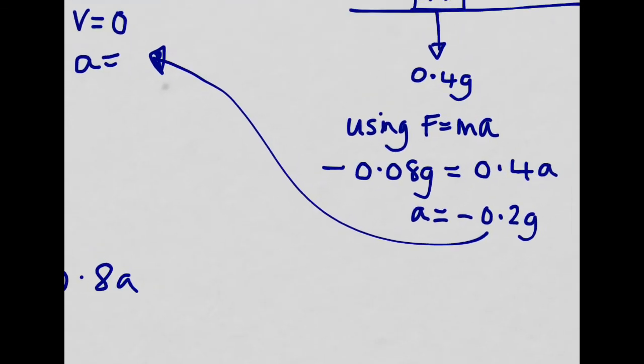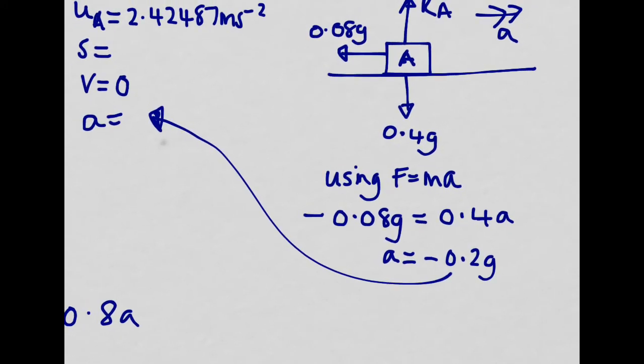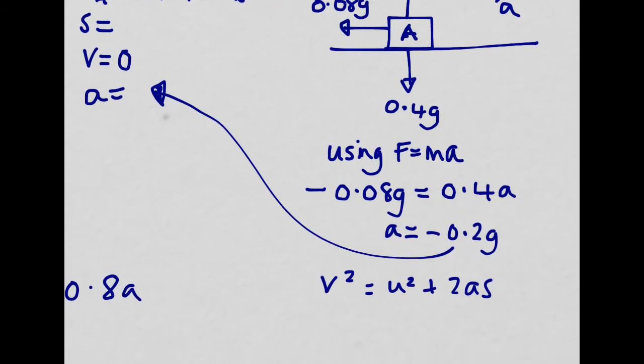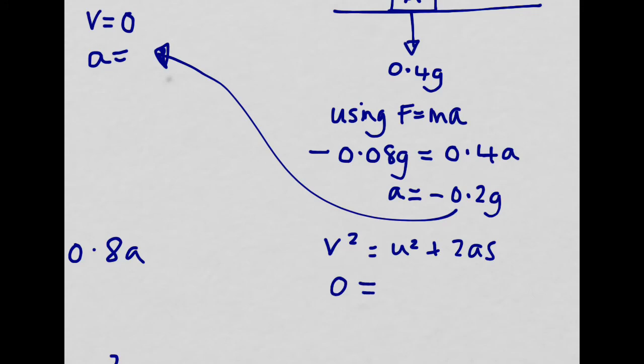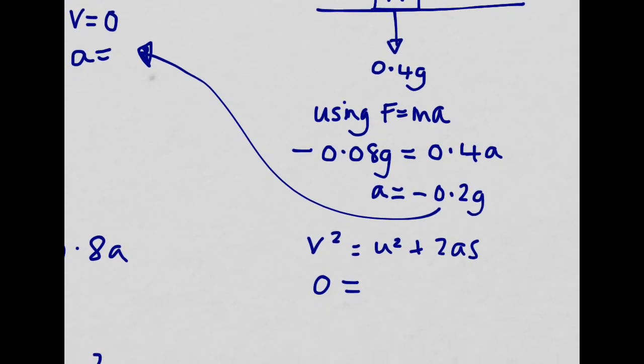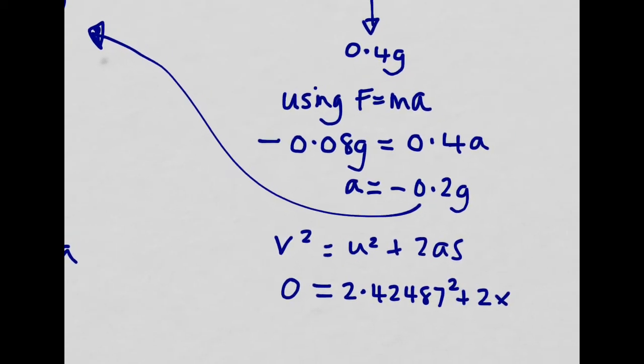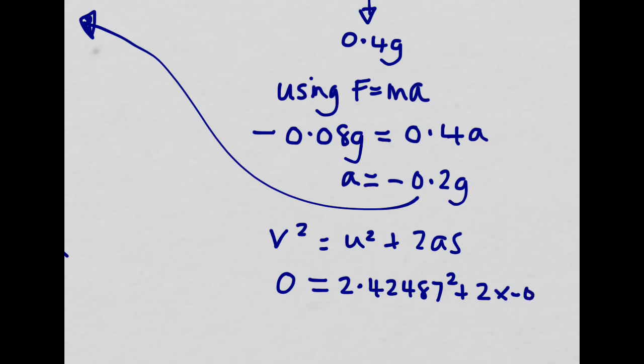So if I go v² = u² + 2as, 0 = 2.42487 squared plus 2 multiplied by negative 0.2g times s.